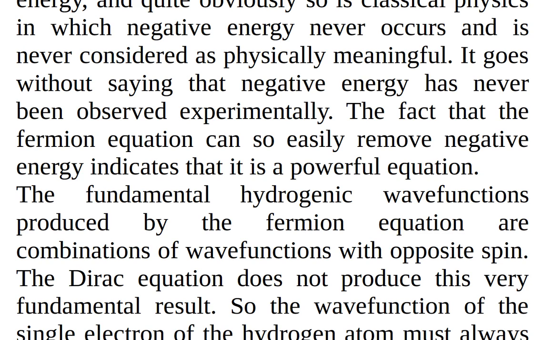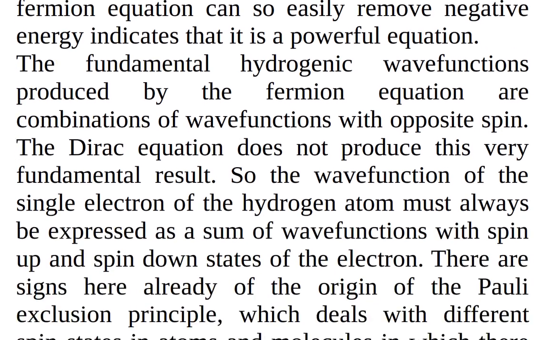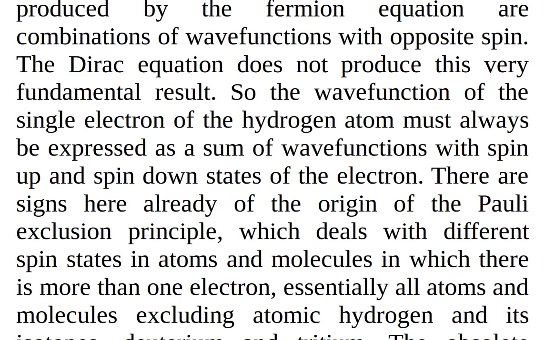The fundamental hydrogenic wave functions produced by the Fermion equation are combinations of wave functions with opposite sign. The Dirac equation does not produce this very fundamental result. So the wave functions of the single electron of the hydrogen atom must always be expressed as a sum of wave functions with spin up and spin down states of the electron.